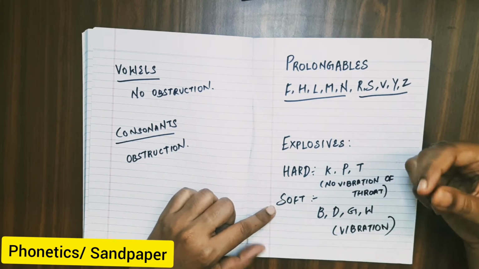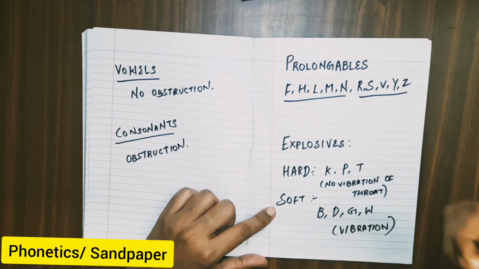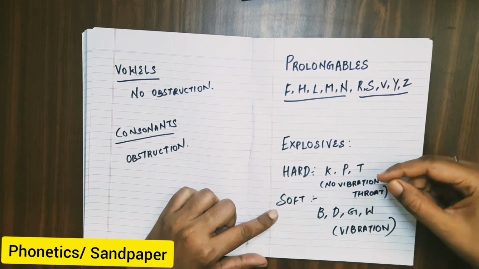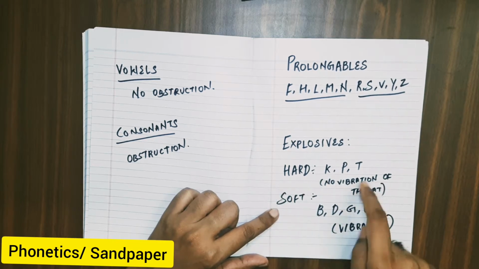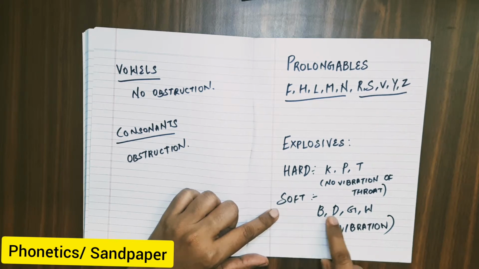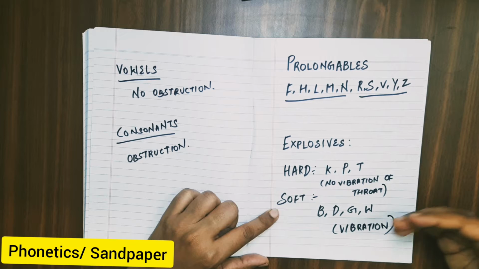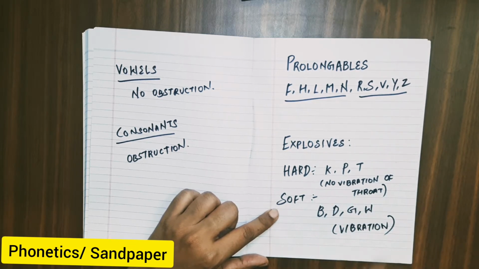You can feel it. When you are watching this video, just pronounce it and find out if you feel any vibration in your throat. So k, p, t, these are hard explosives, and next come the soft explosives: b, d, g, v. When you utter these sounds, you can feel the vibration in your vocal cords or in your throat.